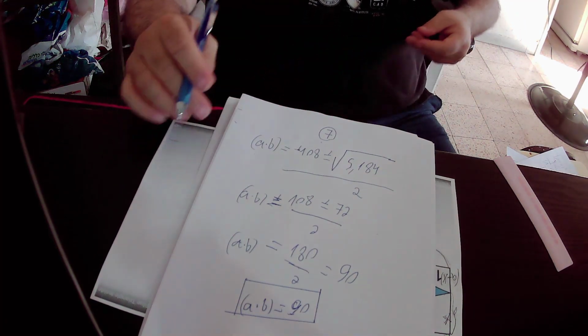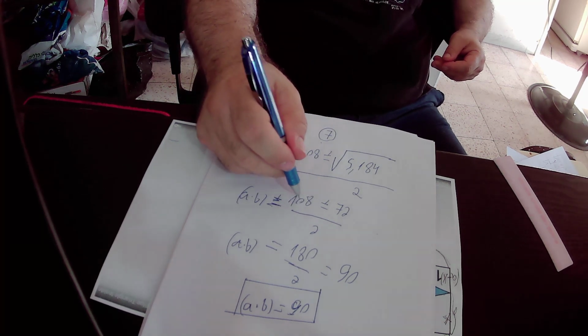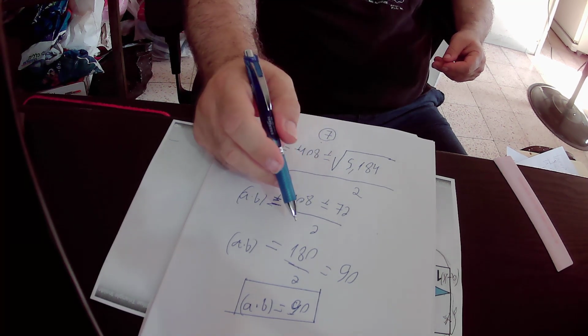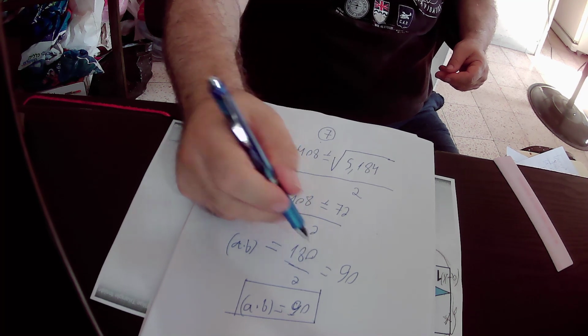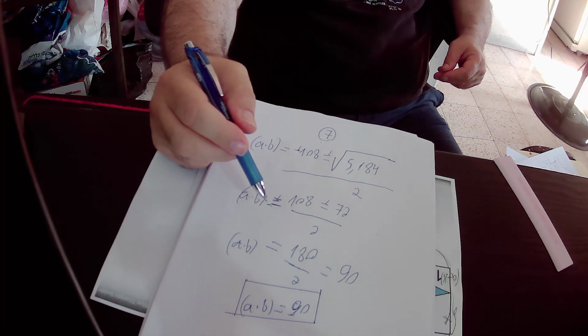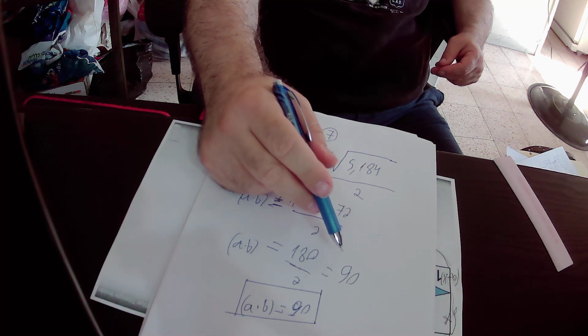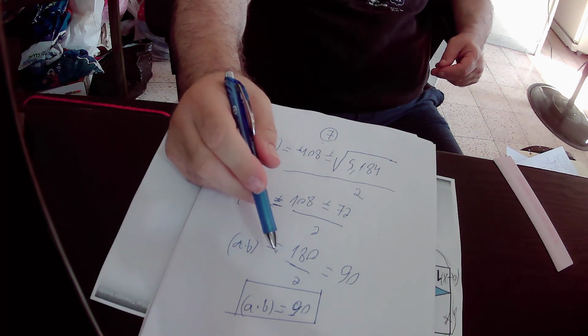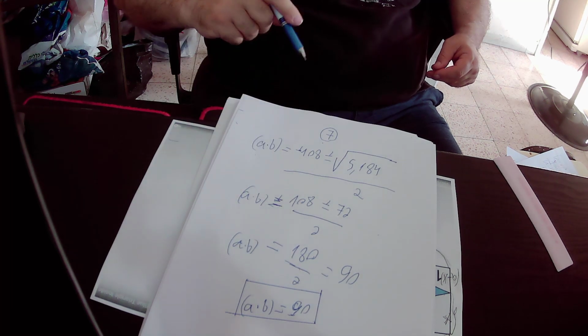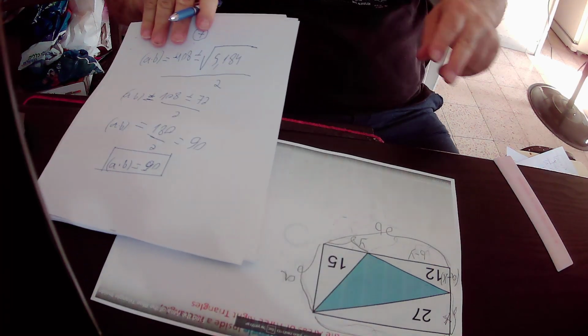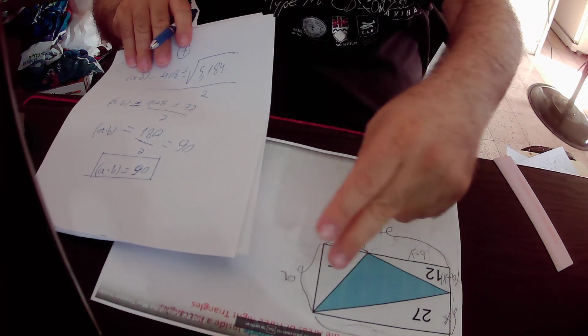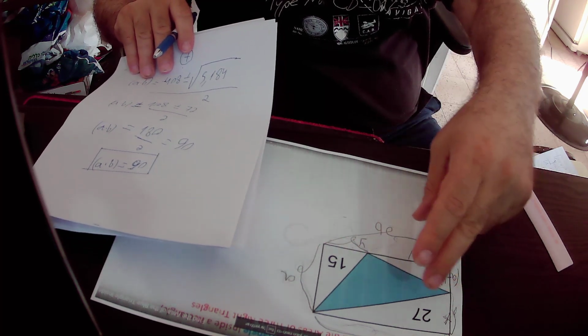I repeat again. 108 plus 72 equals 180, and 180 divided by 2 equals 90, so A times B equals 90 units. So the area of this rectangle, A times B, equals 90 units.